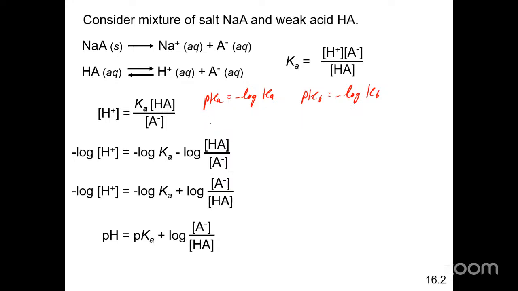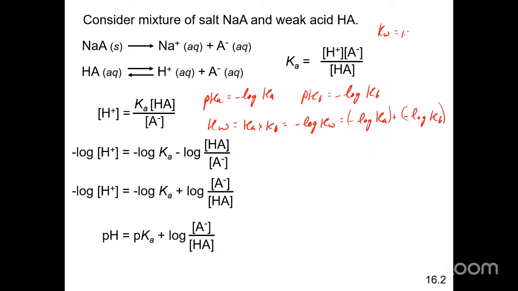If you remember that Kw is equal to Ka times Kb, remember that? So if you find the minus log of both sides, you're going to get minus log of Kw, which would be equal to minus log of Ka plus minus log of Kb, right? Now, Kw, if you remember, is a constant value.